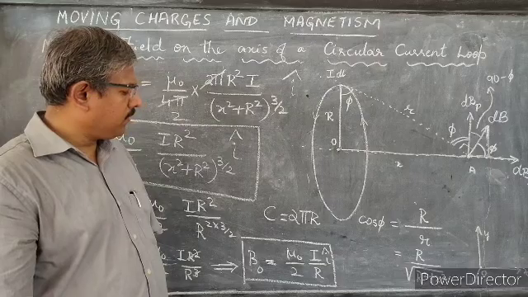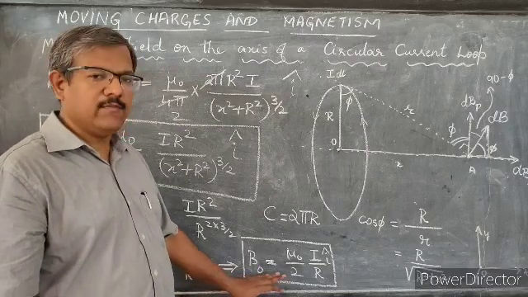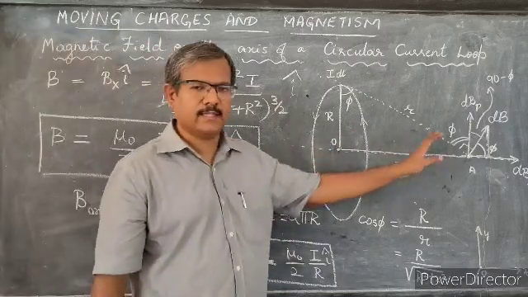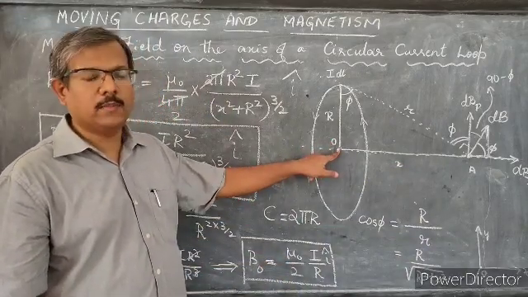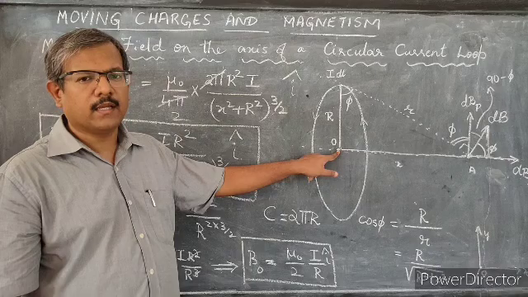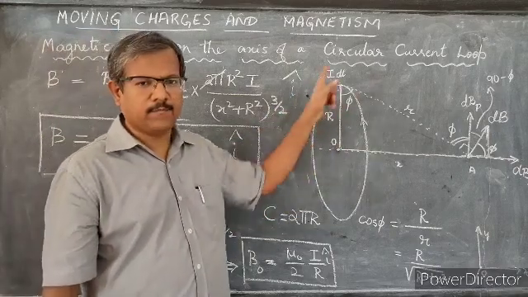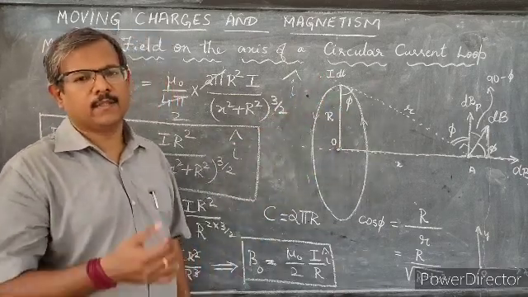Now mathematically we said this is along the x-axis, but if I were to find out at this point what would be the magnetic field due to the current flowing here, so that will be given by my right hand thumb rule.